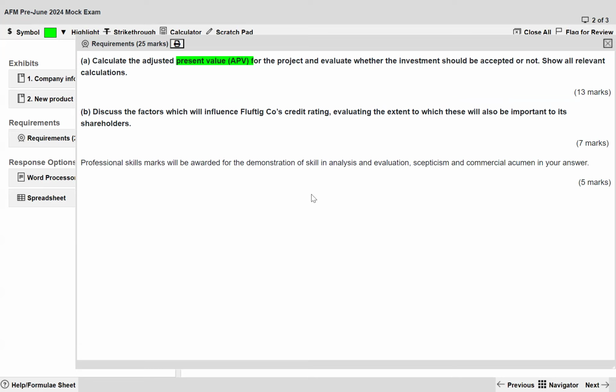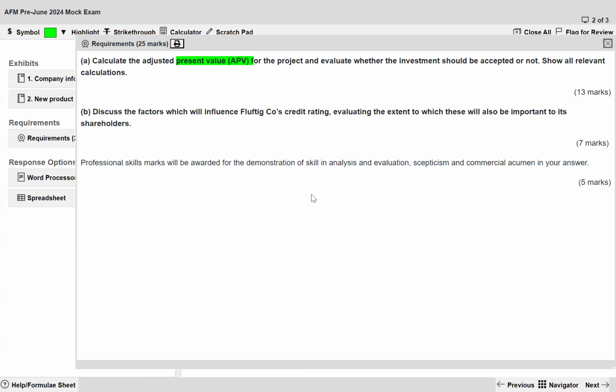The discussion part is about the factors that affect the credit rating, and how those factors will also impact the shareholders. So let us start with the calculation, and then we shall go back to that part.